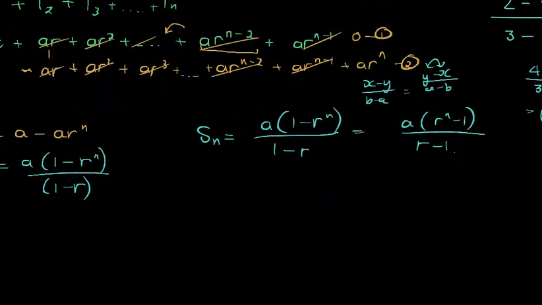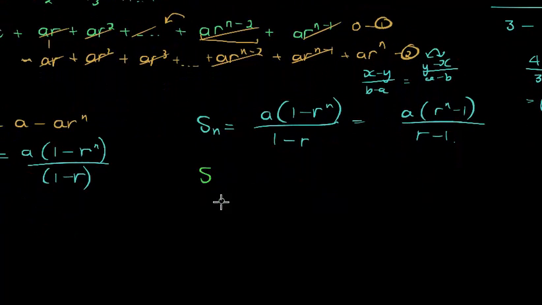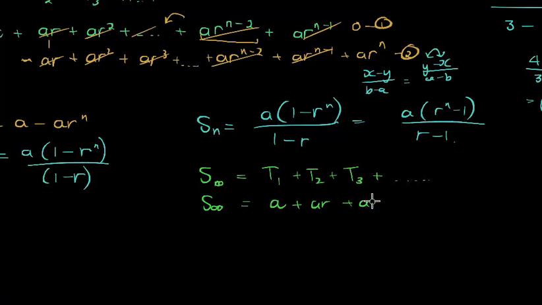Oh yes, the infinite. Okay, so for infinite, it works exactly the same. So we've got S infinity. The only difference is now I've got term 1 plus term 2 plus term 3 plus, and it goes to infinity. And now for S infinity, for a geometric sequence, it's a plus ar plus ar squared plus ar cubed, etc., etc. So I do exactly the same.